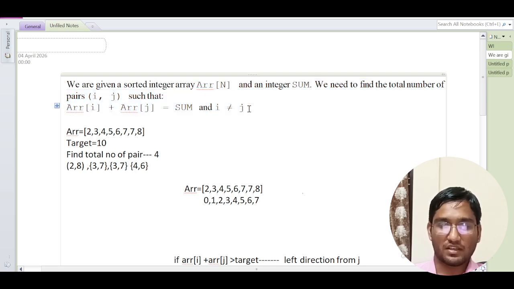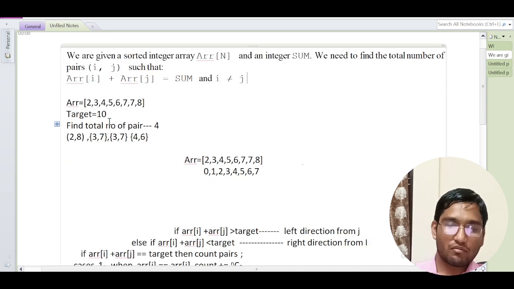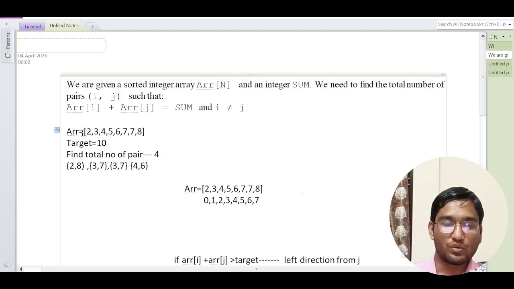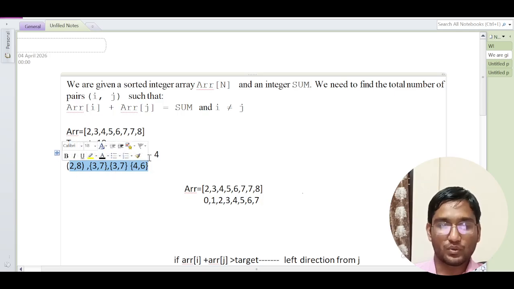For example, if the array is 2 3 4 5 6 7 7 8 and the target element is 10, then we need to find the total number of pairs. The pairs here are 2 and 8, 3 and 7, 3 and 7, and 4 and 6. So the total number of pairs is 1, 2, 3 and 4.